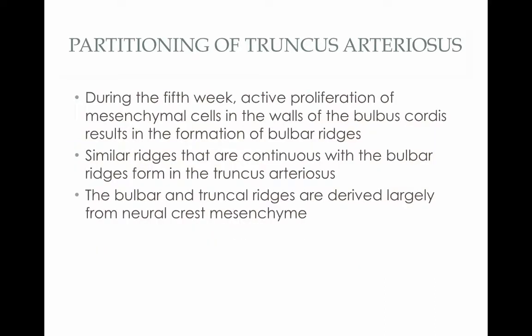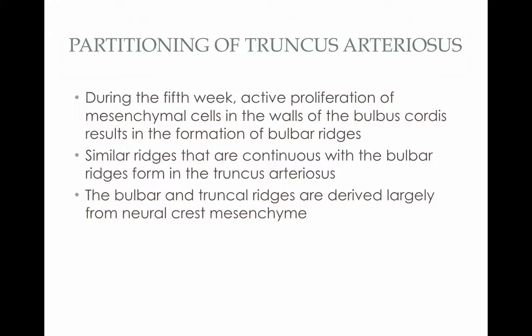So let's talk about partitioning of the truncus arteriosus. During the 5th week, active proliferation of the mesenchymal cells in the walls of the bulbus cordis results in the formation of the bulbar ridges. Last week we talked about those bulbar ridges and how they form, closing the interventricular foramen, partitioning the left and right ventricle.